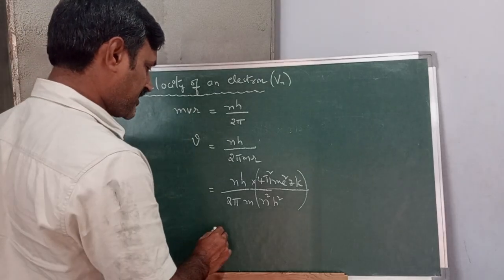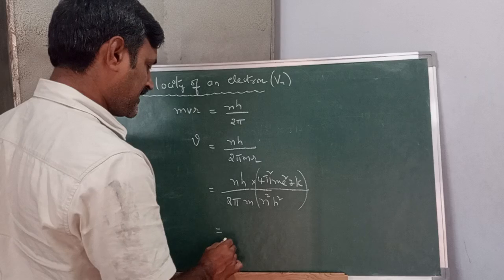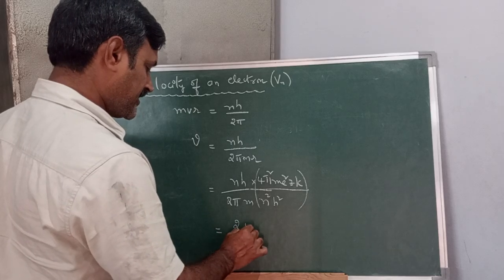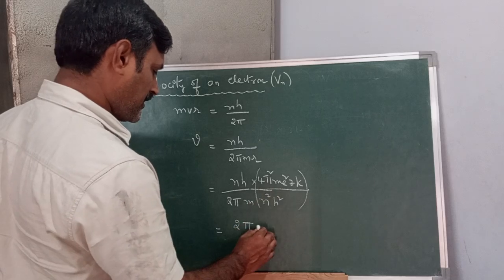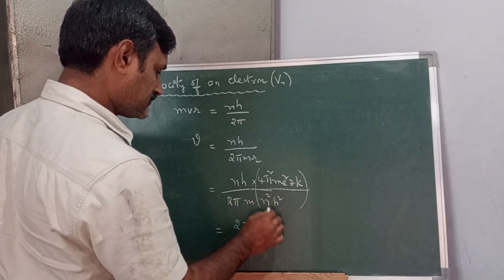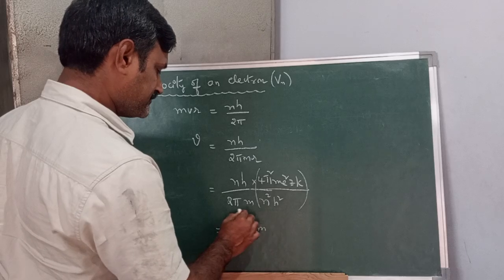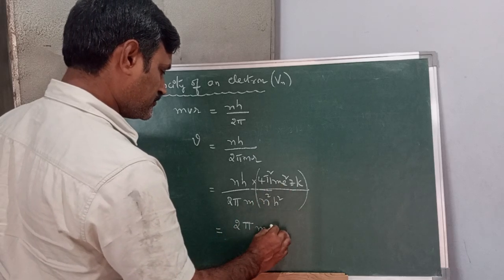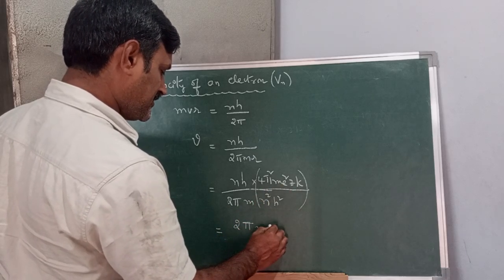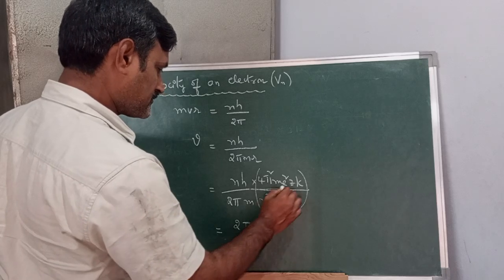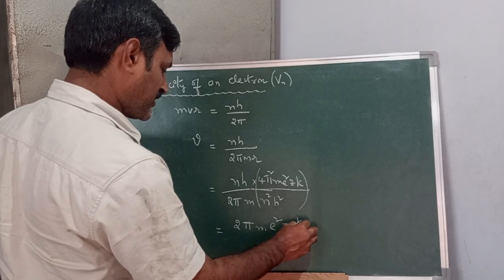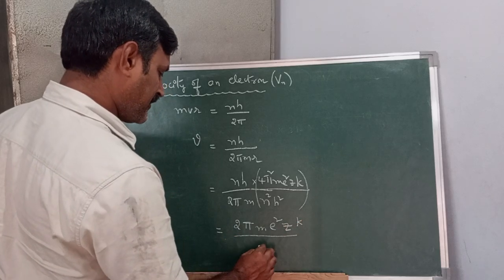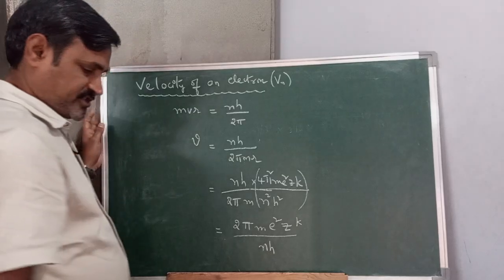Upon simplification, what we get is 2 pi into m into e square into z into k divided by n into h.